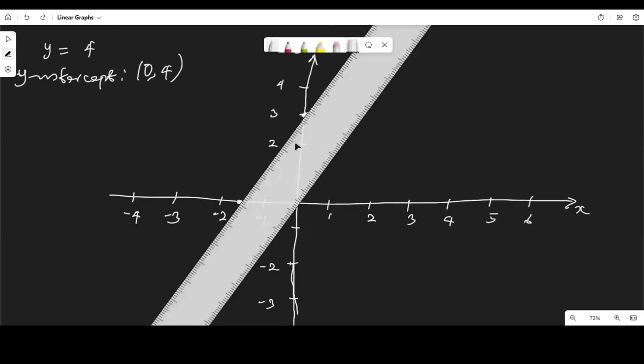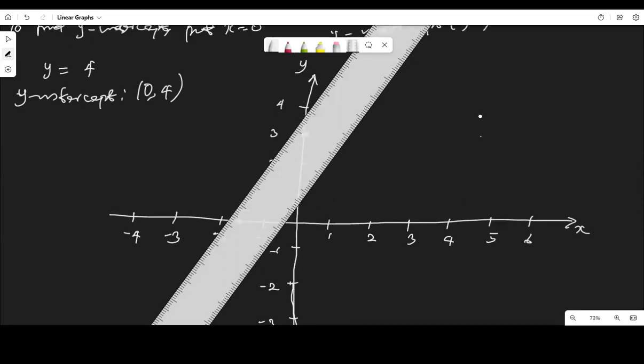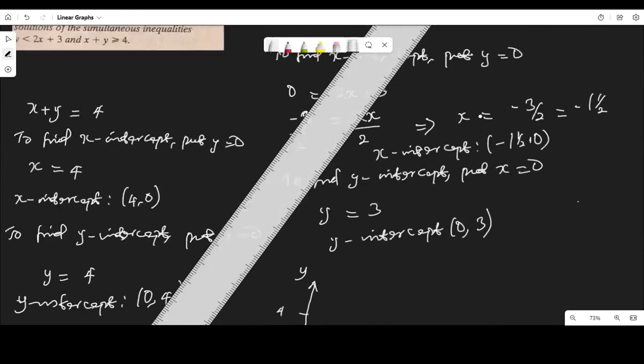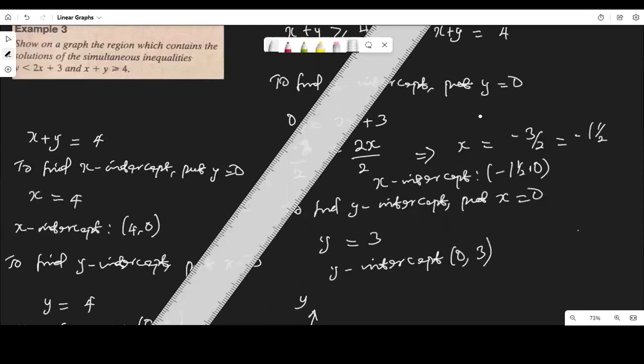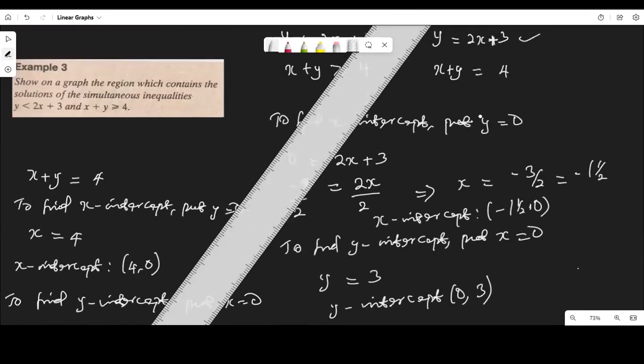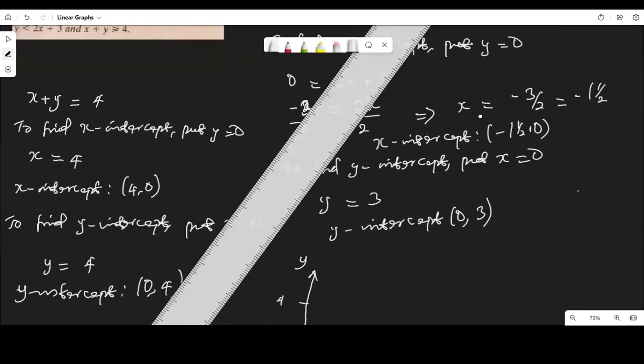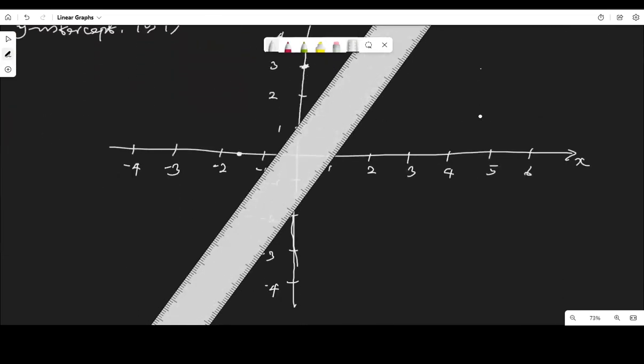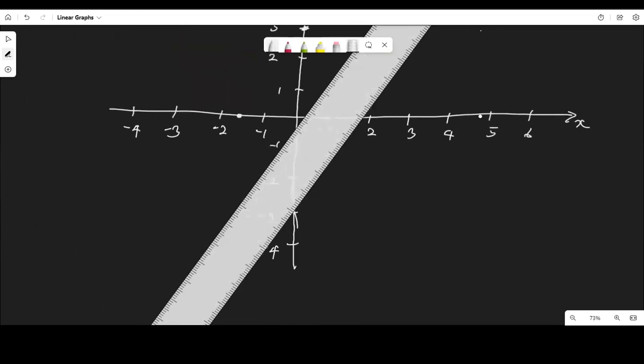Okay, to join these 2 points together, remember that the first inequality is y less than 2x plus 3. So because it's the strict inequality, which is less than, this is going to be a broken line.